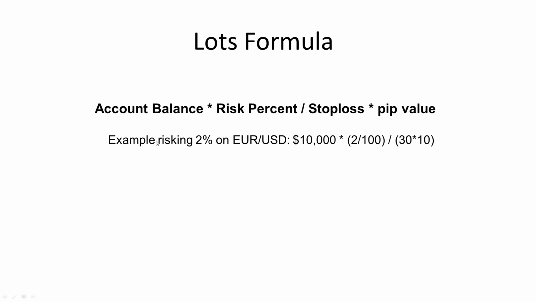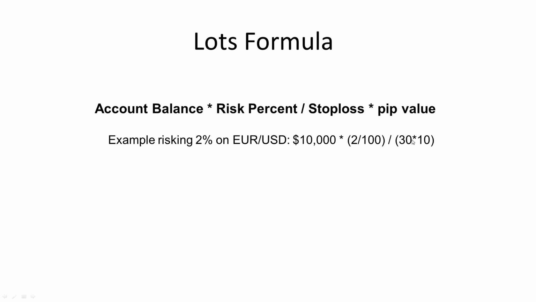Here's an example. If you wanted to risk 2% on the euro dollar, say you have a $10,000 account. Take the $10,000 in your trading account, times 2 divided by 100. That gets it into a decimal for the percentage you're risking. Then divide that by, let's say you used a 30 pip stop, so I put 30 here.